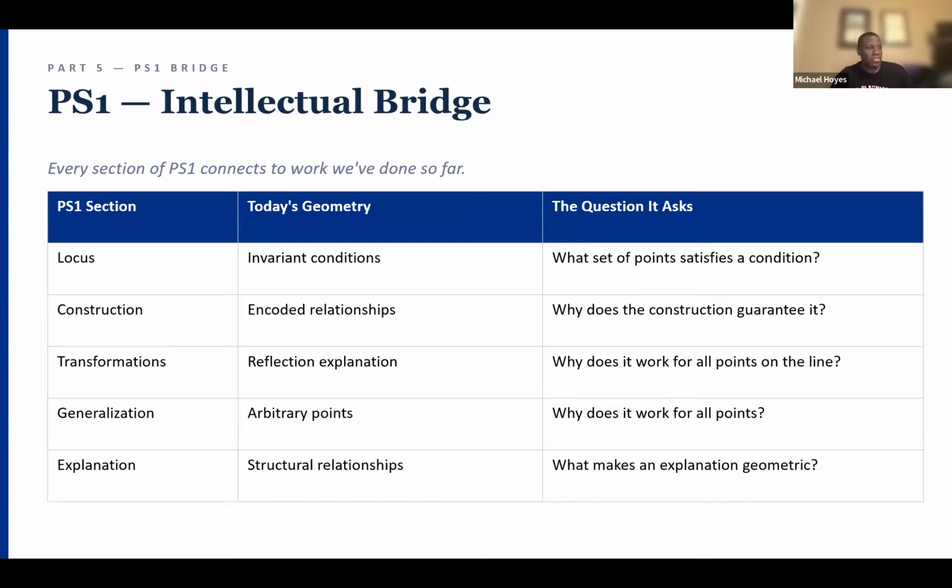How does this transformation actually explain things for all the points? Then you have generalizability, which goes back to why we can't use purely measurements, because we can't generalize measurements like you said earlier. And then explaining these structural relationships.